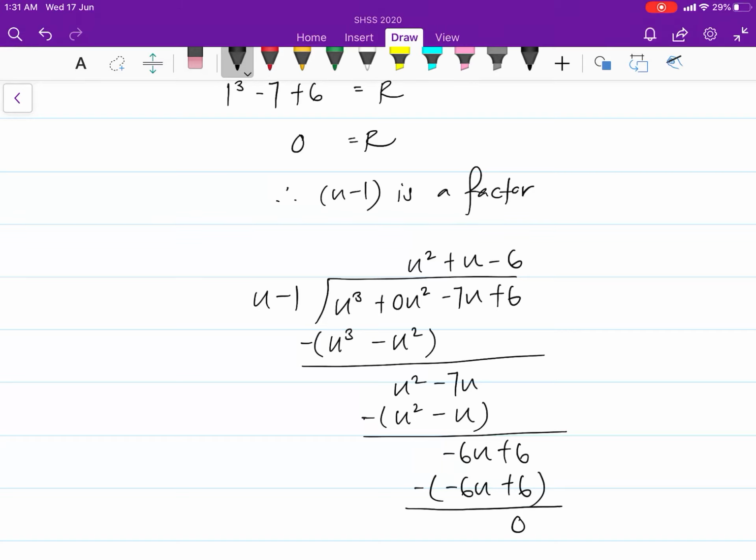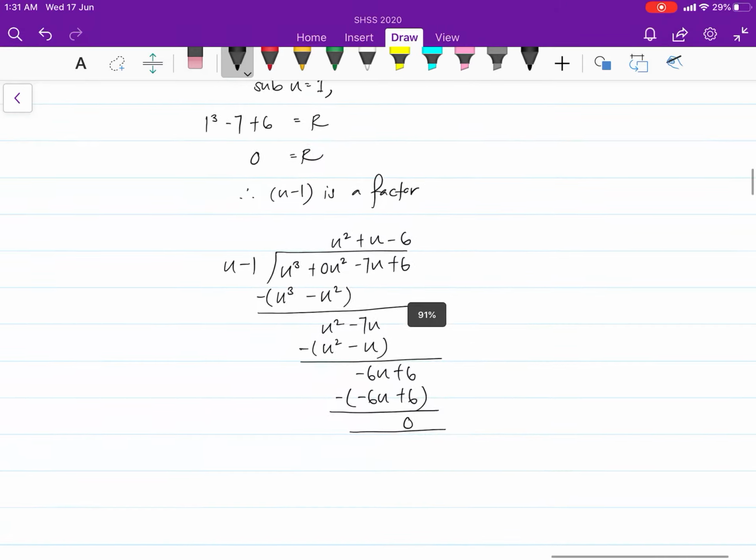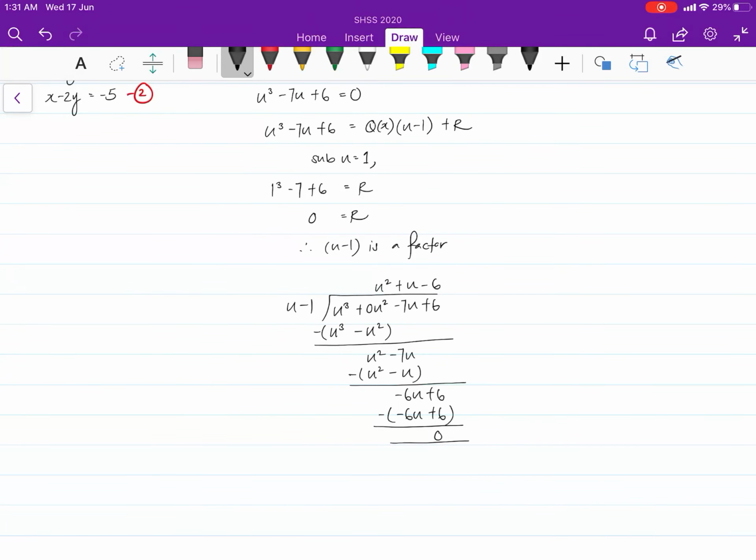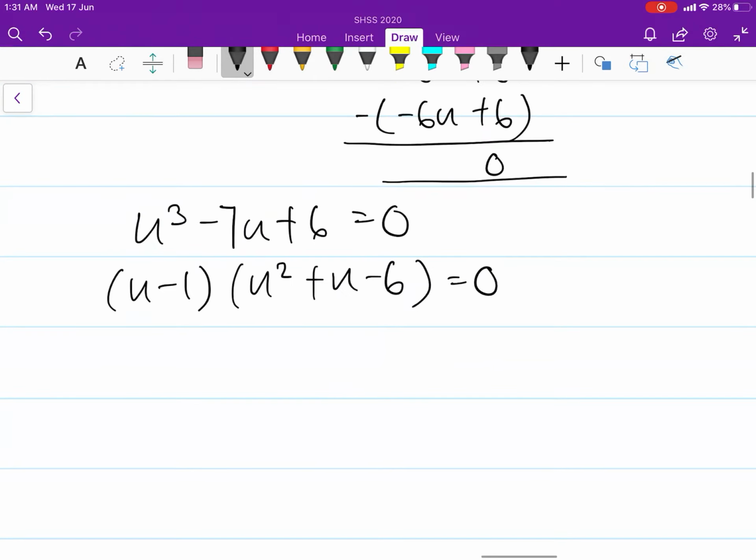I get remainder 0. So we know that u cubed minus 7u plus 6 equals to 0 can be factorized into u minus 1, u squared plus u minus 6 equals to 0. Let's continue factorizing. This is a quadratic equation which you can factorize using the cross method.